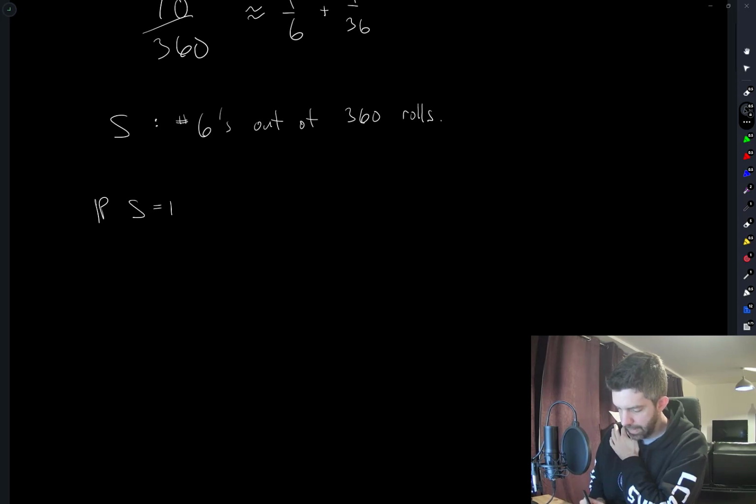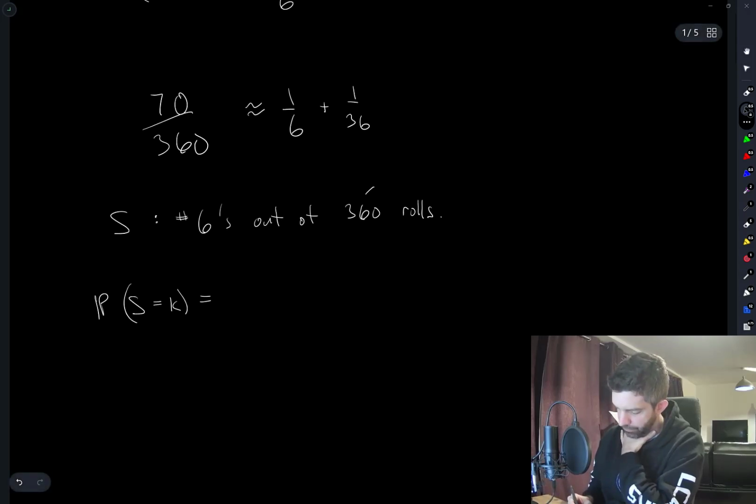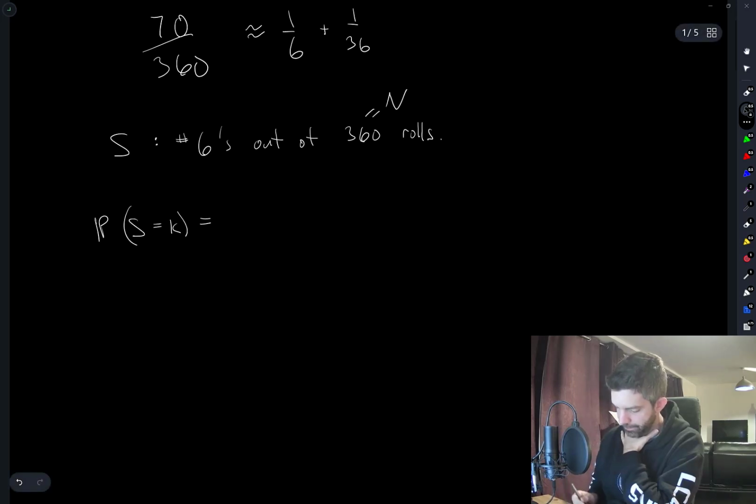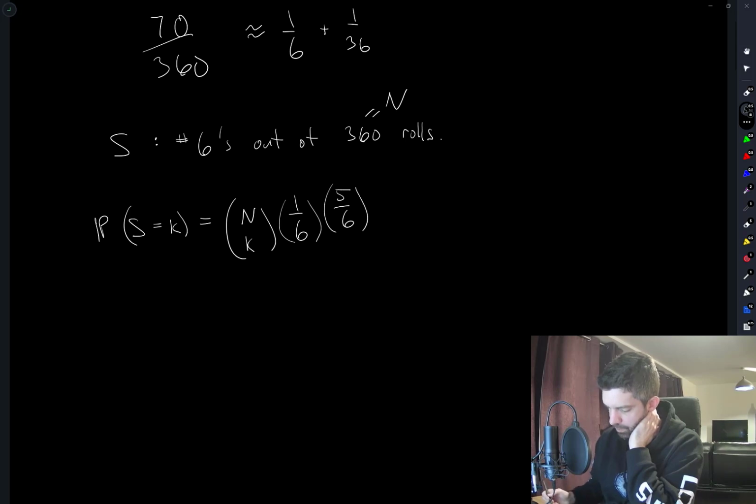The probability that S is equal to K is, and let's let 360 be equal to N, I think it is N choose K times 1 over 6 to the power of K, and there's a 5 over 6 raised to N minus K, right?